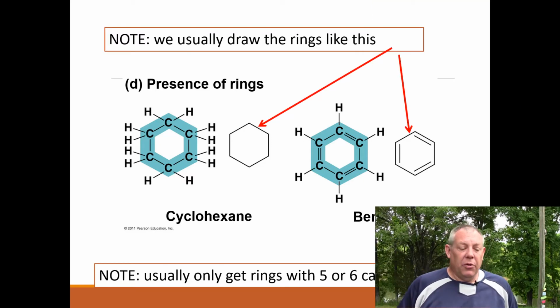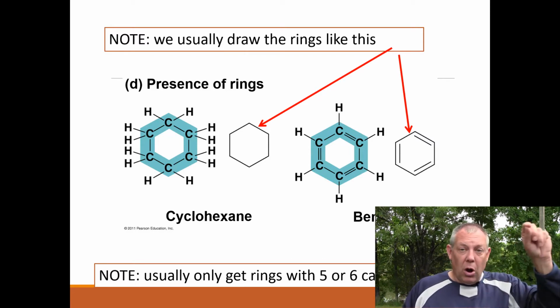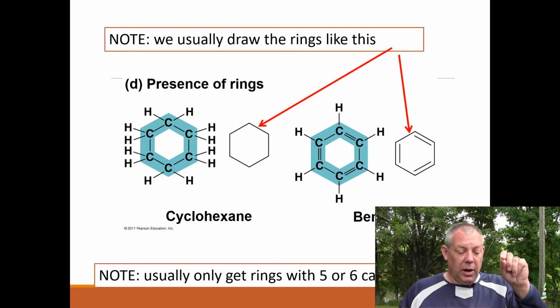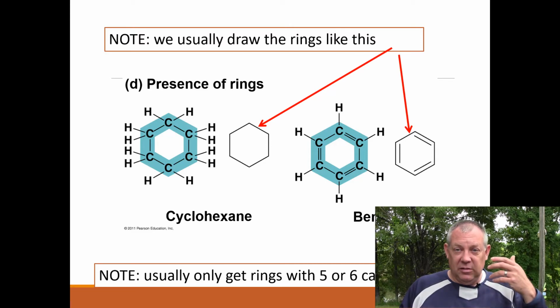Now, usually we just draw the rings like what I've got indicated here. You don't want to have to write every little C and every little H, right? And so you just draw the shape. You just draw a 6 carbon ring, and you know that at each of those vertices, you've got a carbon. And you know that all those carbons also have hydrogens attached to them. That's the default.